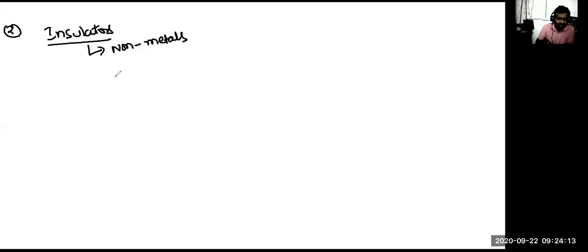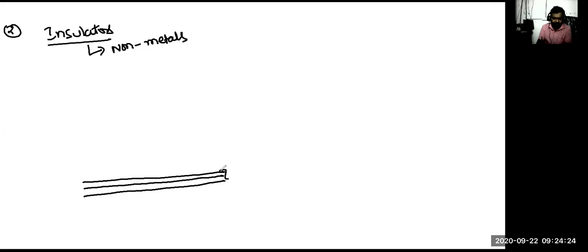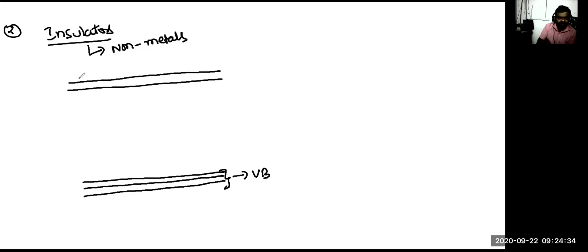That means in the non-metals, what will happen? Here also we have the valence band, with energy levels like this. We consider this as the valence band, and here we have the conduction band energy levels.